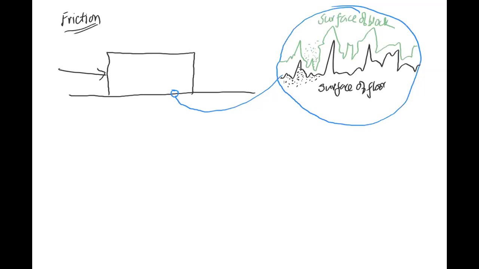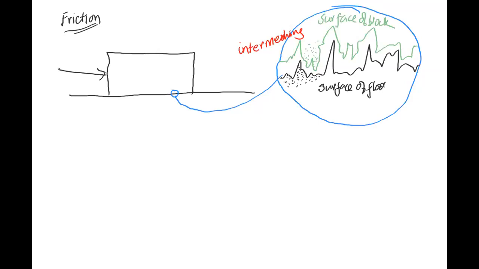So what has happened is that when I kept this block on this surface, then this phenomenon occurs, which is called intermeshing. So there has been an intermeshing of the hills and valleys. So what do I mean by hills and valleys?